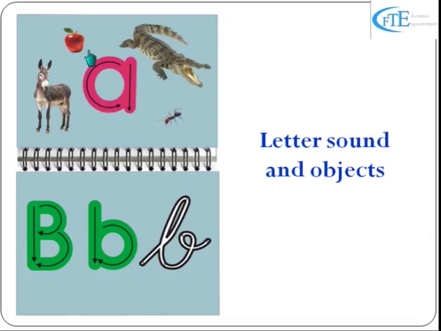A, apple. A, ass. Do this with all the letter cards. Here you have an example of B. So behind this card, you would have pictures of objects that begin with B. B, book. B, bus. B, ball, etc.